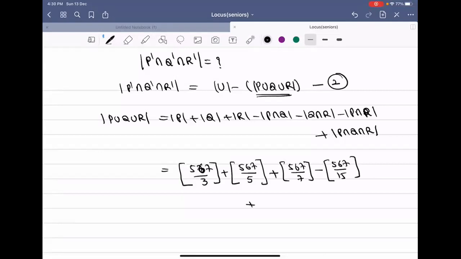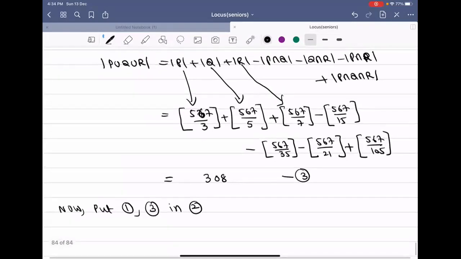Minus the numbers divisible by 5 and 7, that is 35. Minus the numbers divisible by 3 and 7, that is 21. Plus the numbers divisible by 3, 5 and 7, that is 105, so 567 by 105.